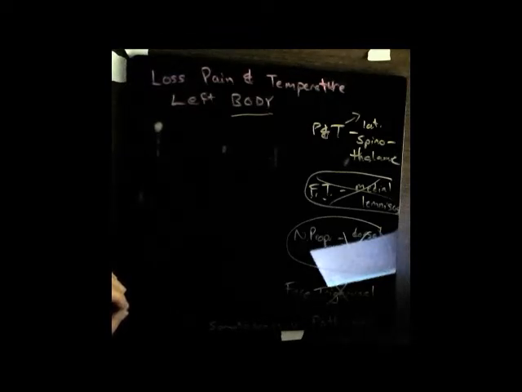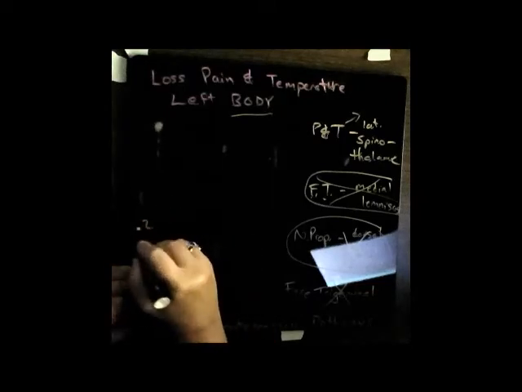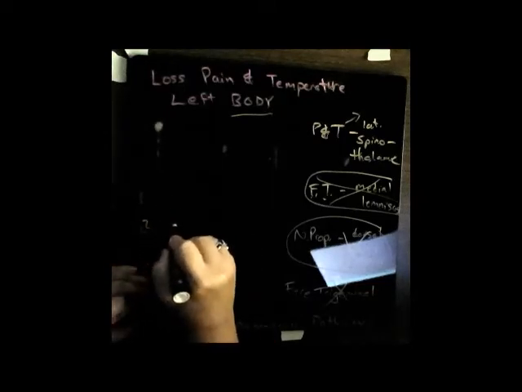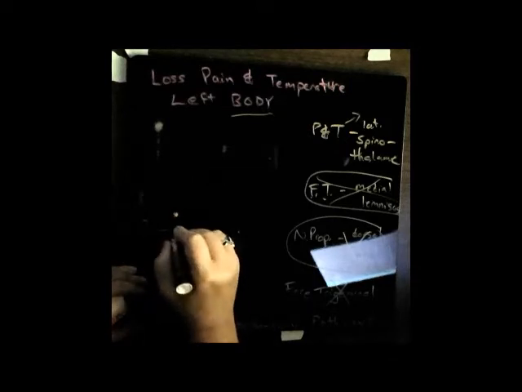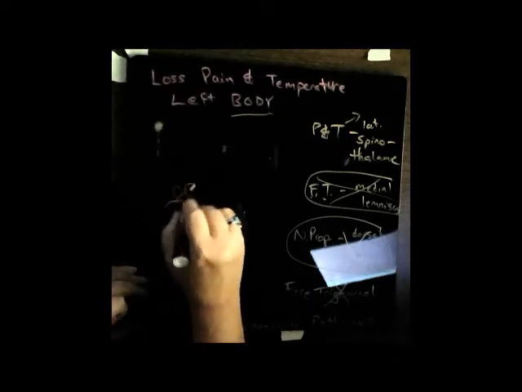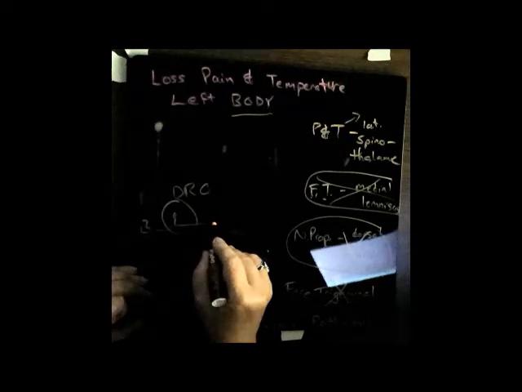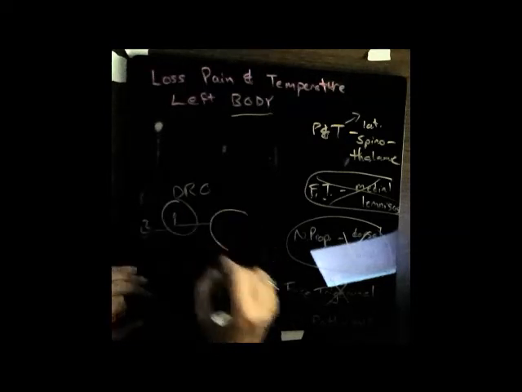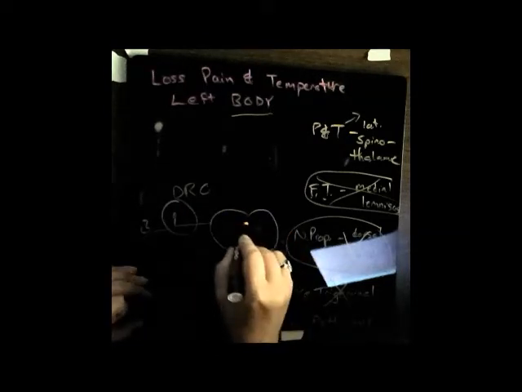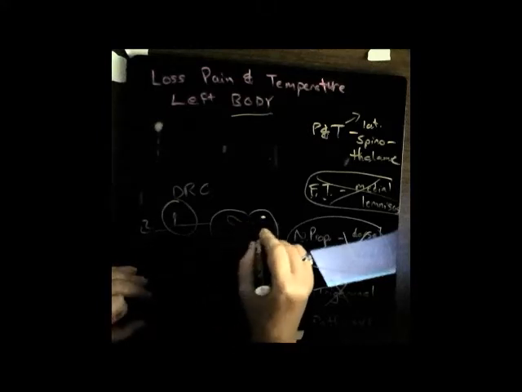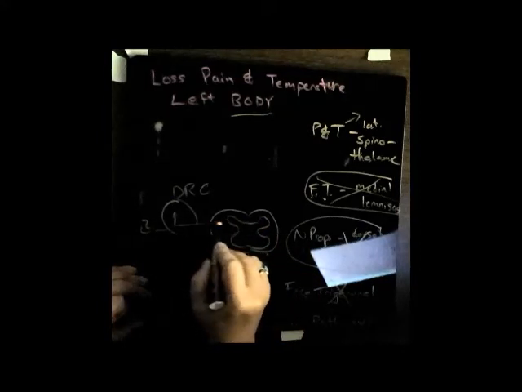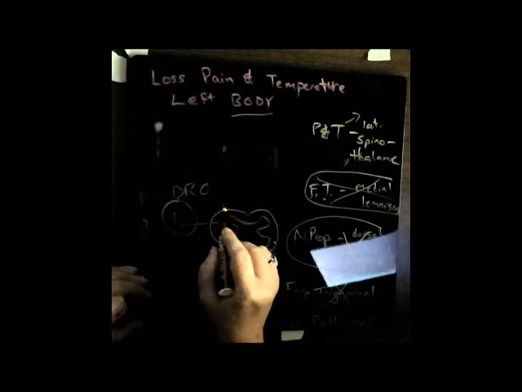Okay, so what about the dorsal horn? Could it be in the dorsal horn? Remember that you have those free nerve endings, and they have their first order cell body in the dorsal root ganglion. Then they come into the spinal cord, and they ascend a little bit in Lissauer's tract.